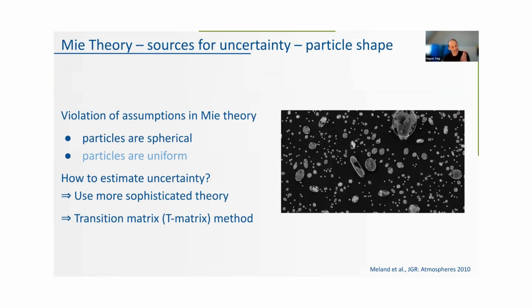And then, as I mentioned earlier, we are running into this issue that the Mie theory is assuming spherical particles, and our particles are probably not spherical, so we are violating that assumption. The only way to get around this is to use a more sophisticated theory. The theory of our choice is the transition matrix method.